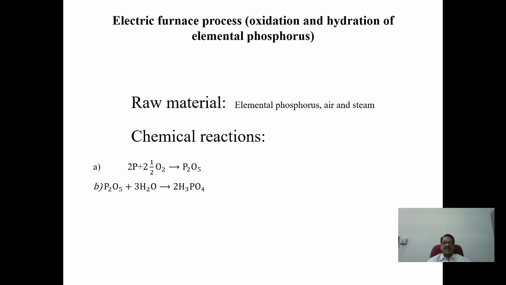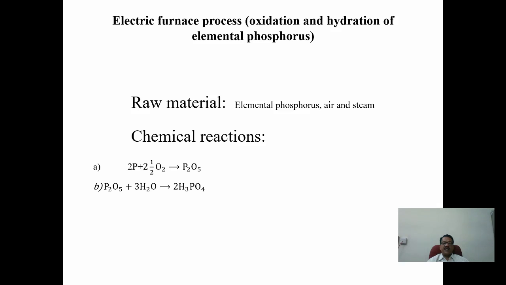The next process is the furnace process, that is, oxidation and hydration of elemental phosphorus. This process is used in remote areas, meaning areas remote from the major phosphoric acid plants, to produce phosphoric acid for small scale requirements.